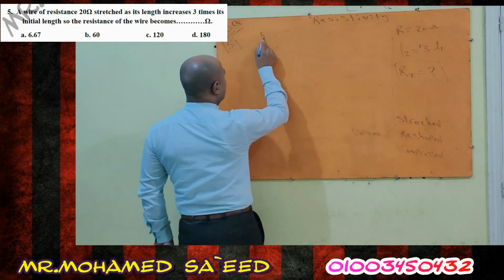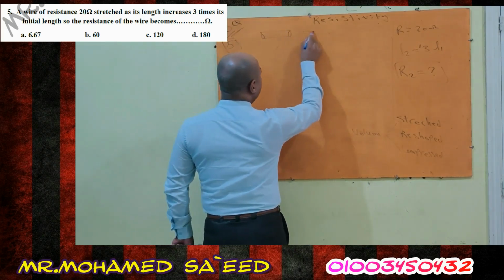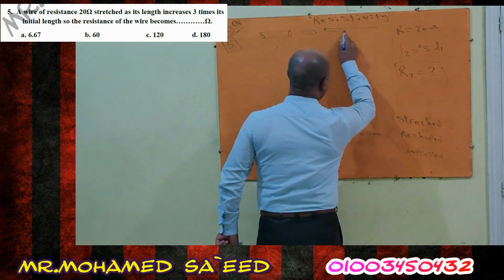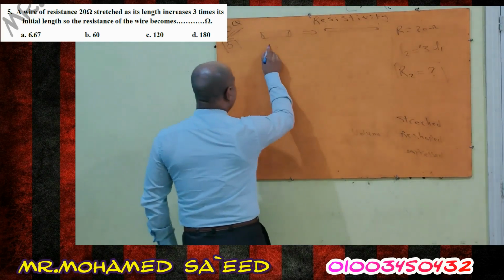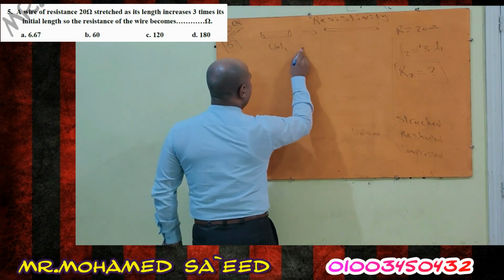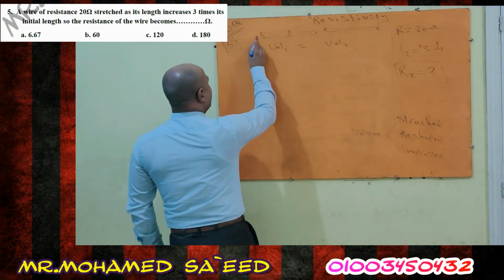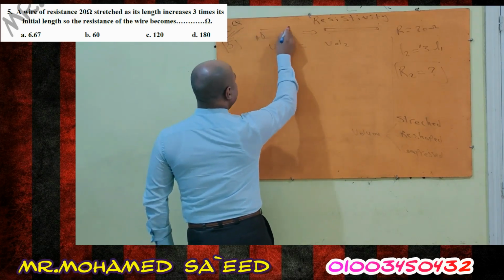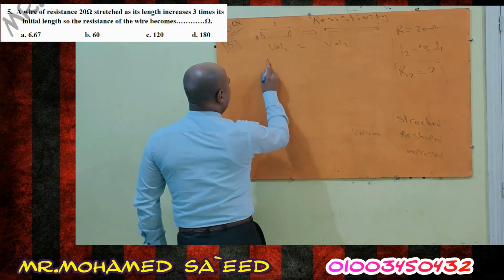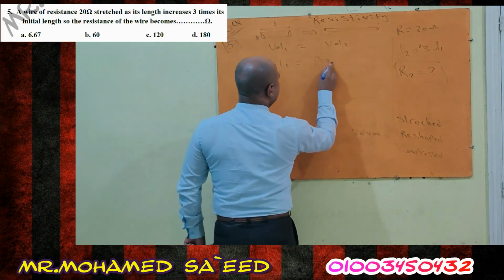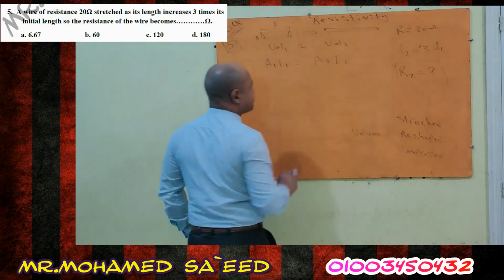If we have a wire and we stretch it, its cross-section area decreases and its length increases. Volume 1 of this wire equals volume 2. Volume equals cross-section area times length. So A1 L1 equals A2 L2.